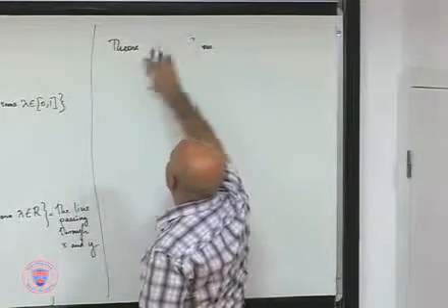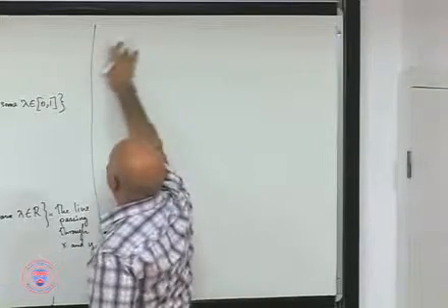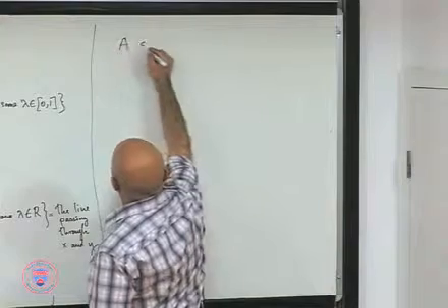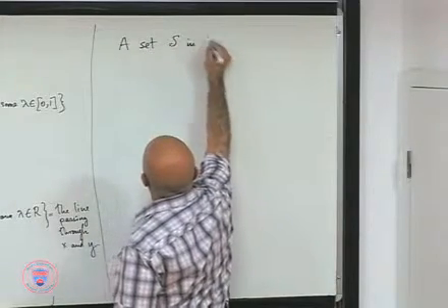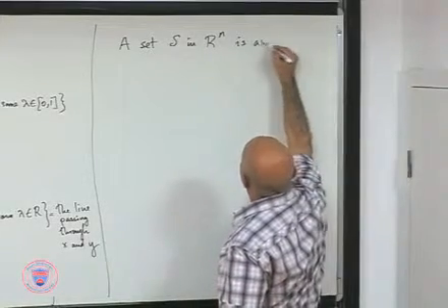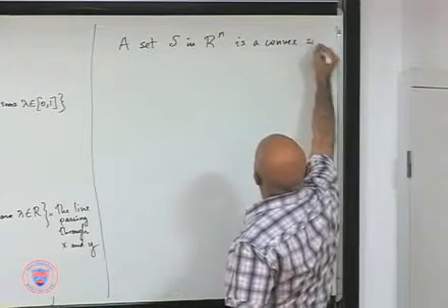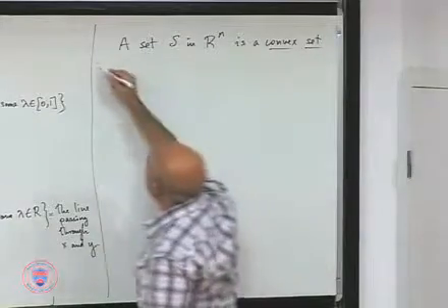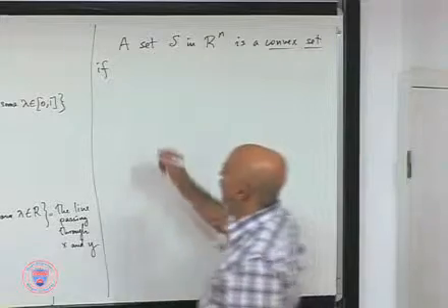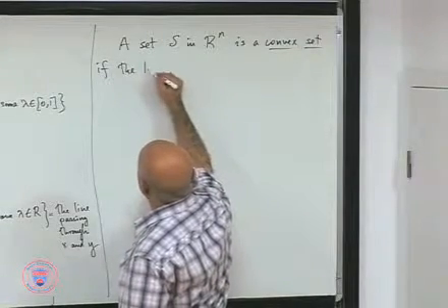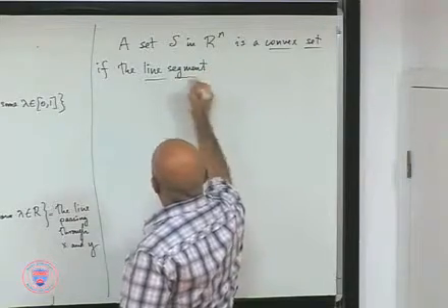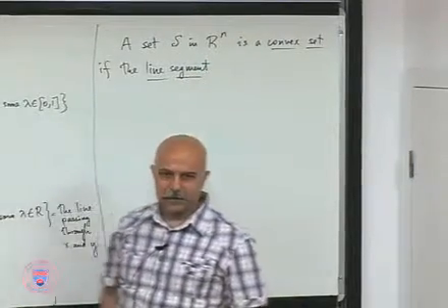Before the theorem, I should tell you what a convex set is. A set S in the n-dimensional space is a convex set if the line segment, in the sense I defined it here, okay?